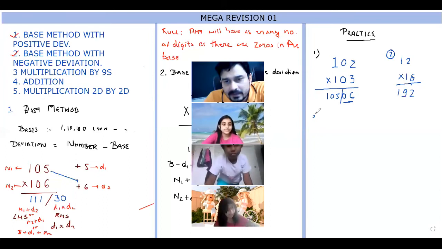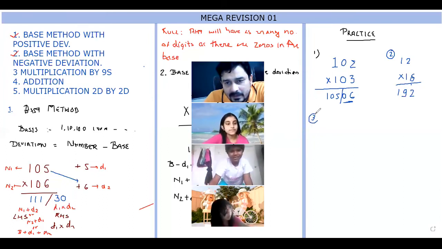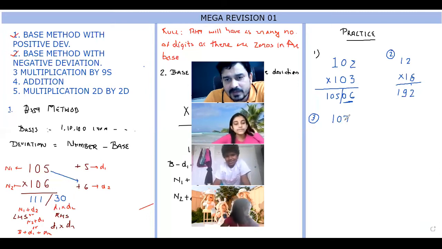The base only has 10, so we will write just 1 digit in the RHS.